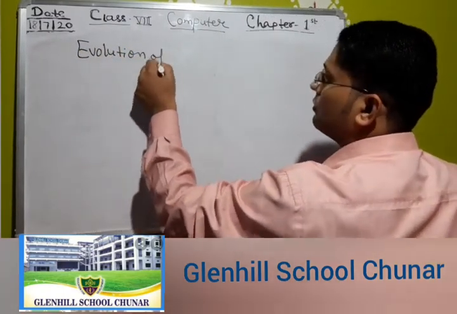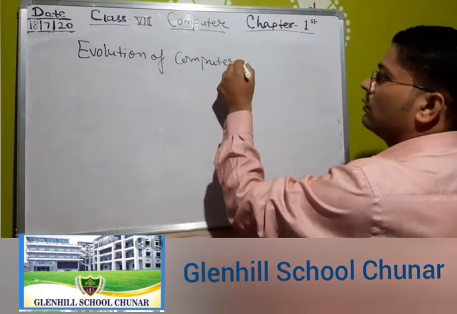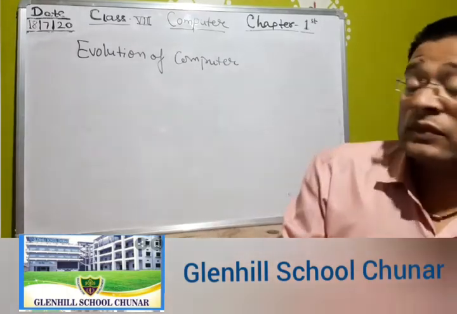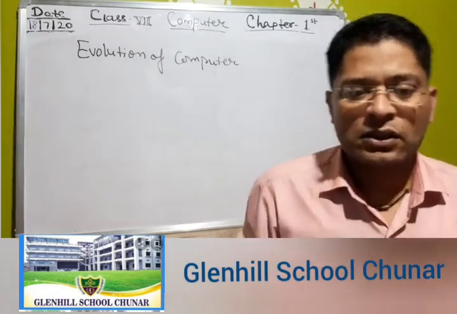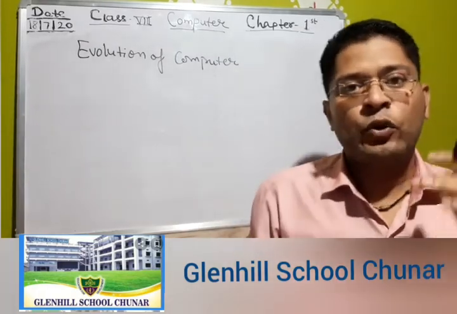Evolution of computer. So yes, a computer is a versatile machine that can do arithmetic as well as non-arithmetic calculation. The concept of counting started with the existence of human beings.